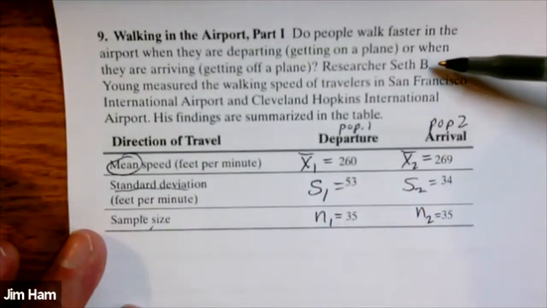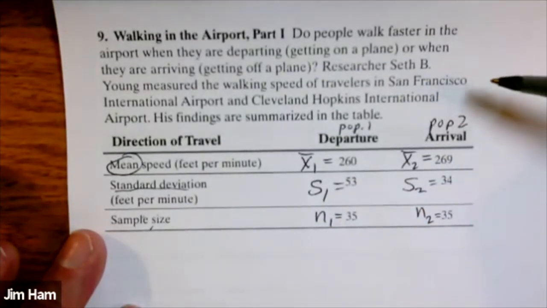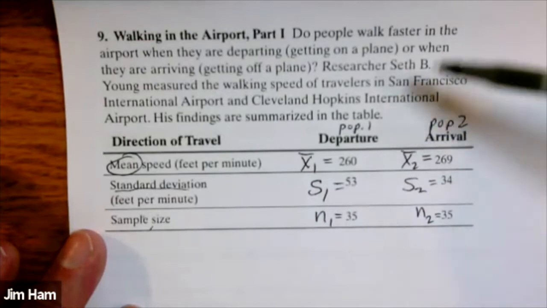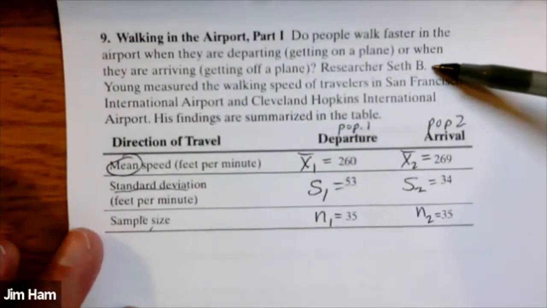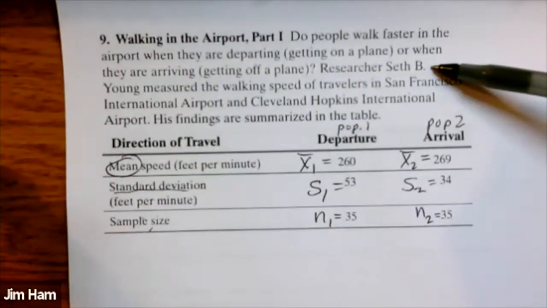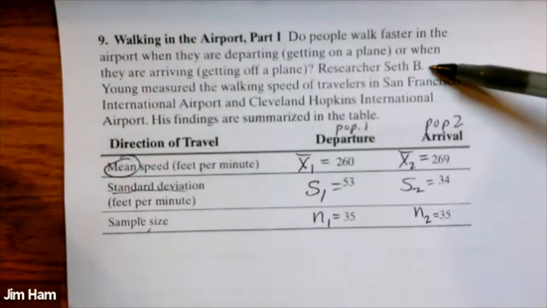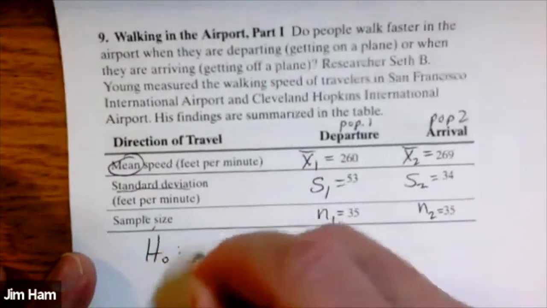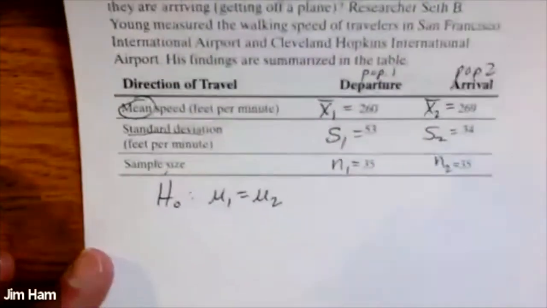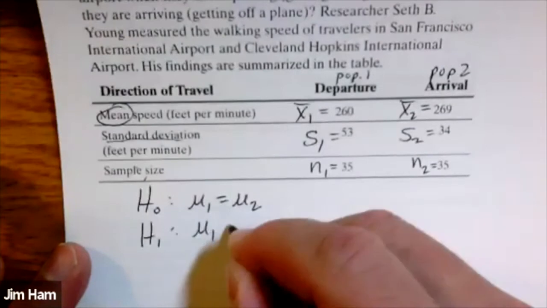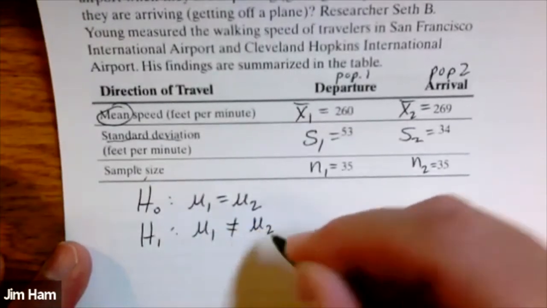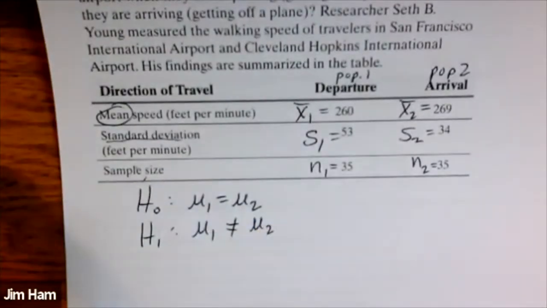Okay, so a researcher measured the walking speed of travelers. Do people walk faster when they are departing or when they're arriving? There's no indication that it's faster one way or the other, so let's write the hypotheses that the means are the same. Since in the original question they're not specifying if one is faster than the other, this turns out to be a two-tailed test.